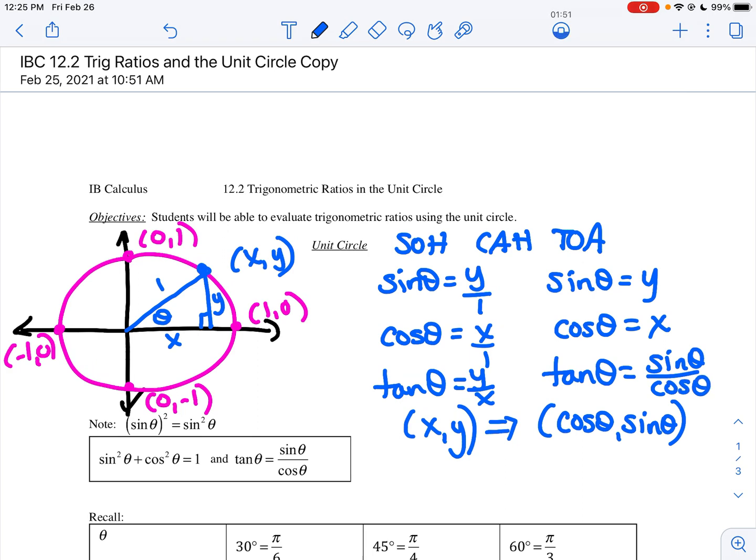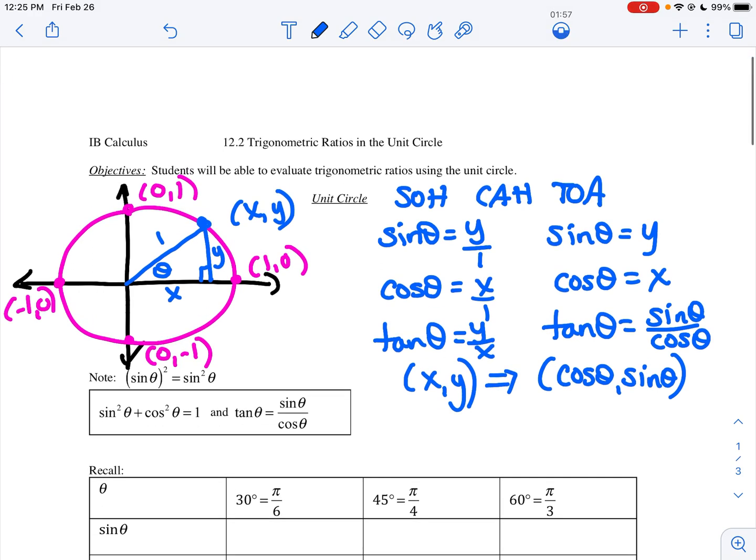Okay, these are things you do need to remember. Then if I have Pythagorean theorem, x squared plus y squared equals 1 squared, well, then we would say that's cosine squared theta plus sine squared theta equals 1. That's referred to as the Pythagorean identity.